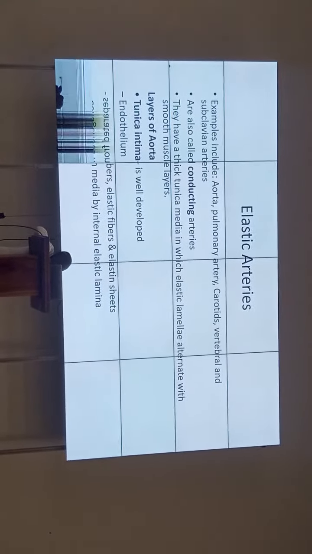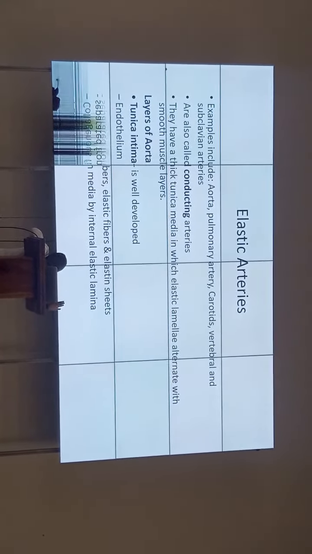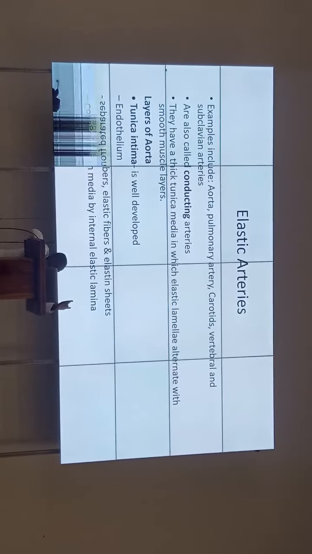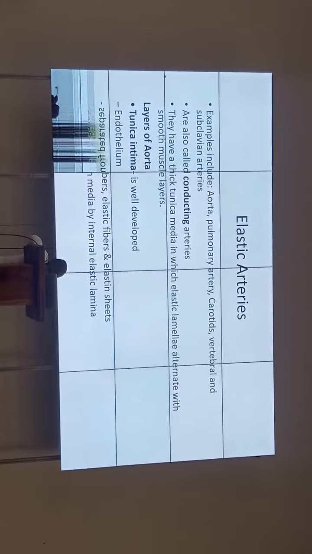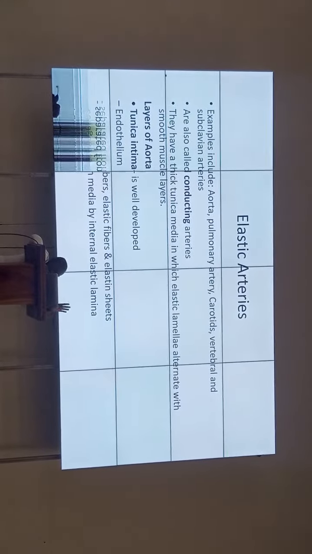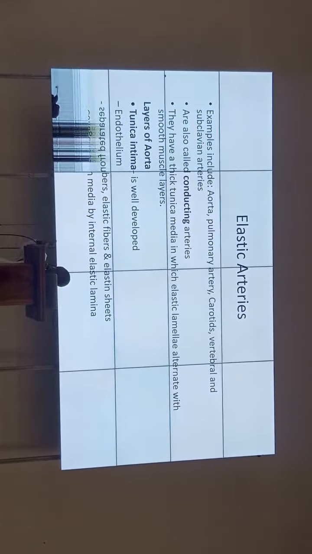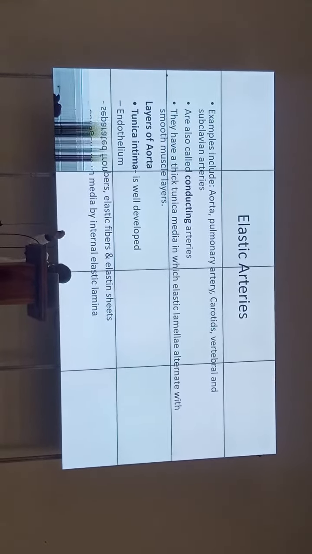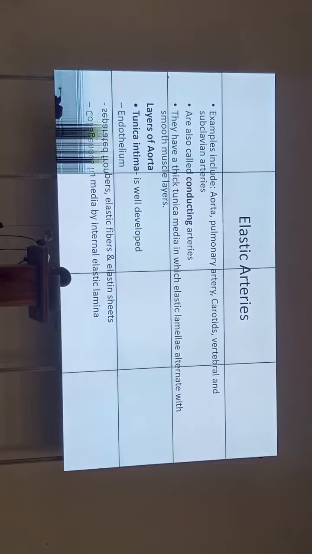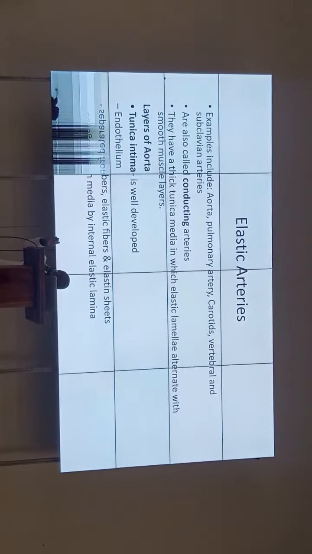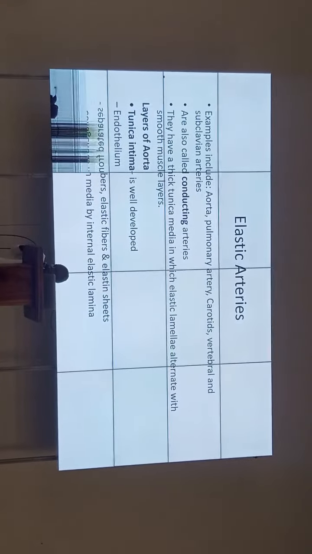These elastic arteries, they also have how many layers? Three. The tunica intima, tunica media, and tunica adventitia. Let's look at their tunica intima. Their tunica intima is made up of the endothelium, the subendothelium, in addition to the internal elastic lamina.